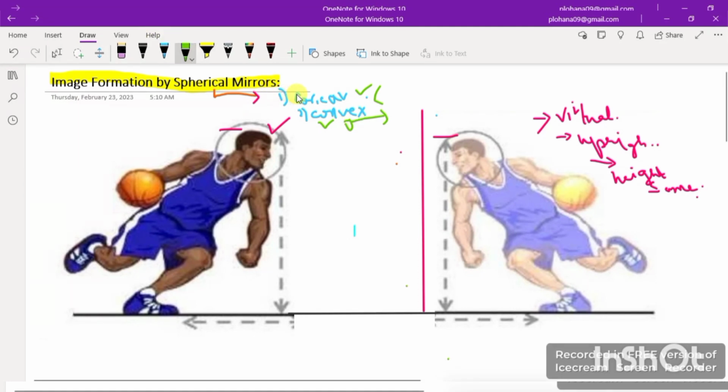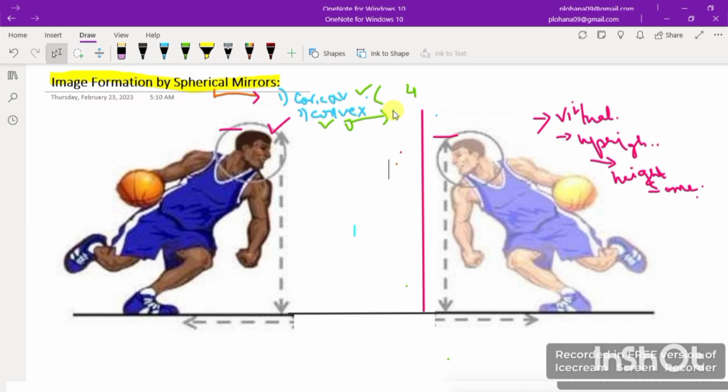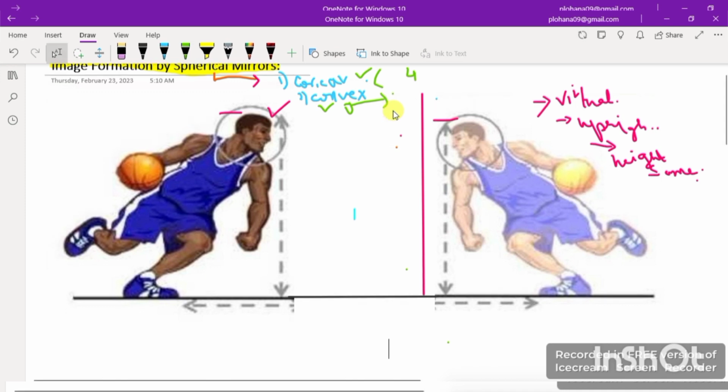Okay, for forming an image with a concave mirror, we have four rules. Now we are going to study those four rules. So let me scroll down.